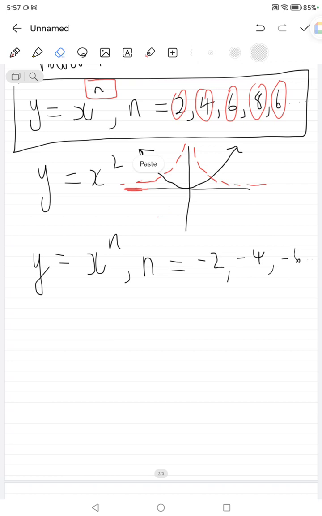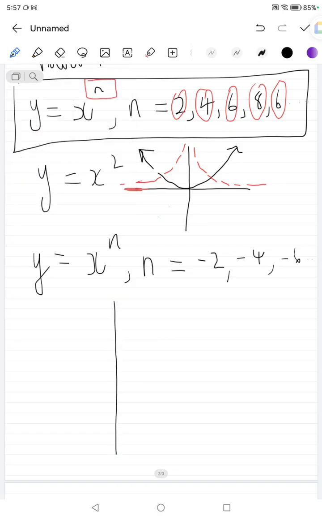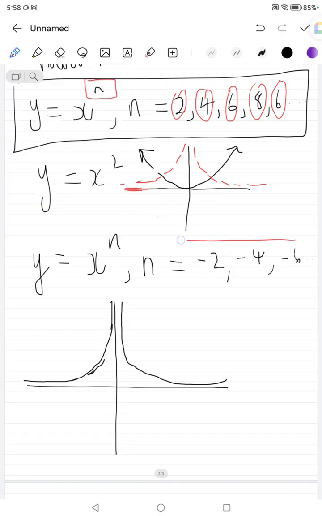So now your graph for this one is going to be something that looks like this. I'm so bad at drawing. So yeah, this would be for this case that you see here.